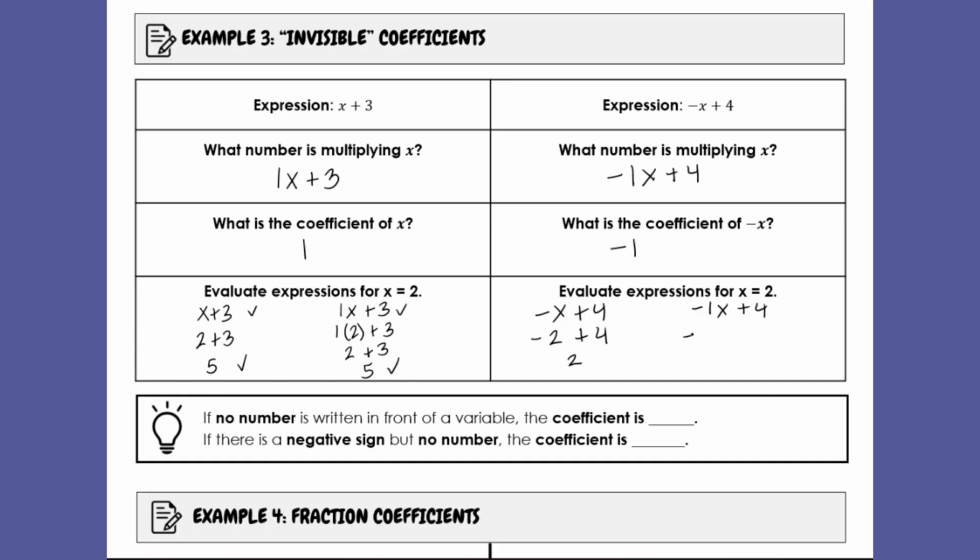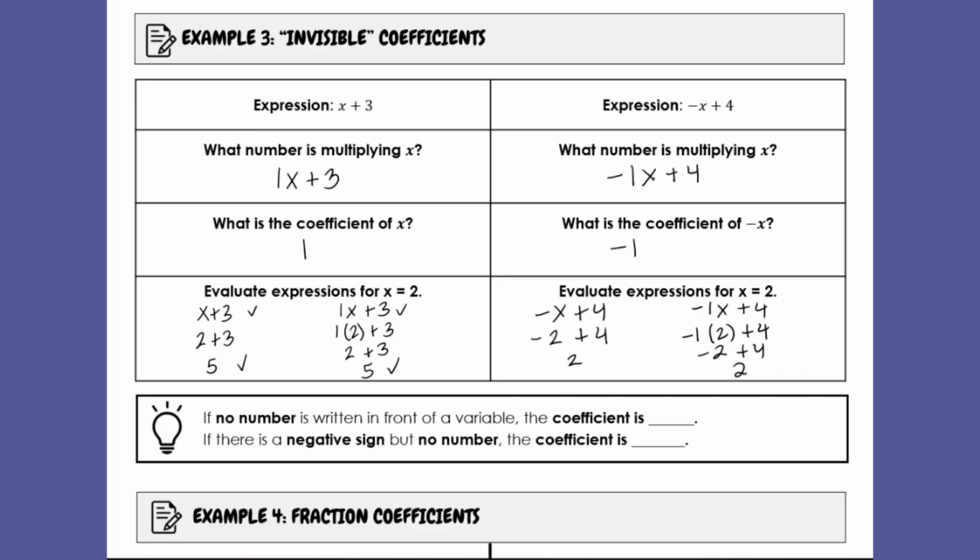Same idea: -1 times 2 plus 4. Well, -1 times 2 is -2, plus 4 is still going to give me 2. So when I'm subtracting x or multiplying x by -1, it's the same thing. Again, this proves that there is actually a 1 there, or a -1 there.